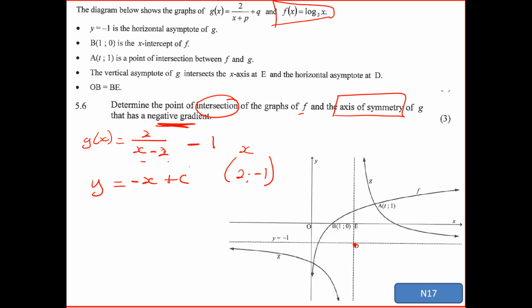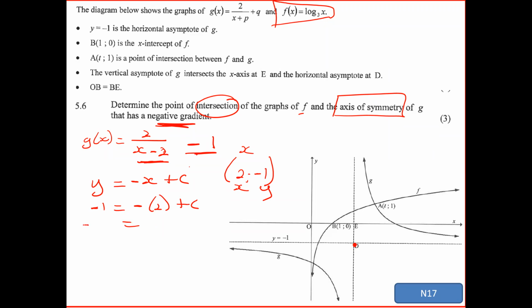Remember, there's our asymptote here sitting at 2, and there's our asymptote sitting at 1. So we're going to sub in this value here. Can you quickly sub it in for me and tell me what you get? 1, sir. Okay, let's confirm that. So we got y to be minus 1, which is equal to minus 2 plus c.